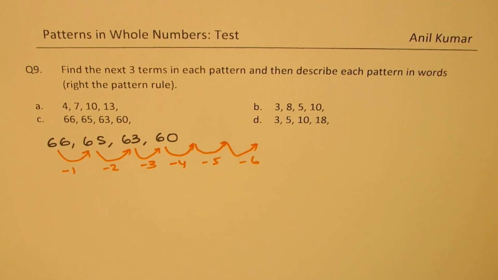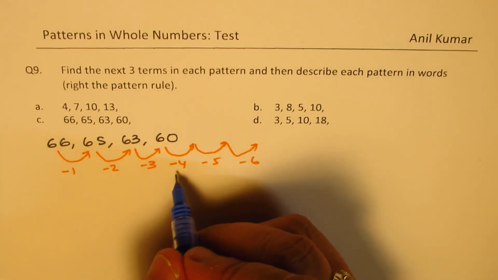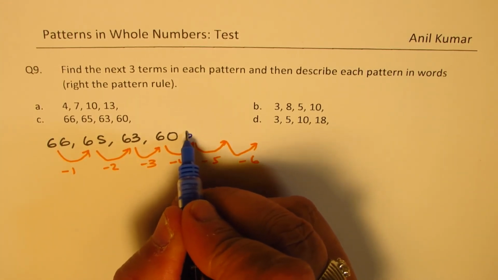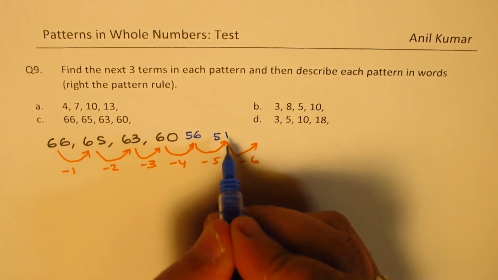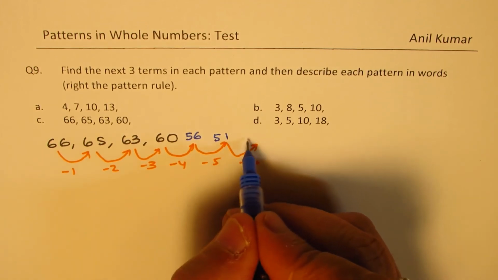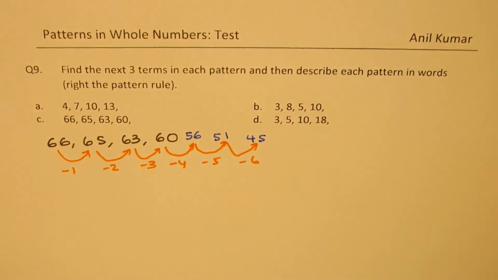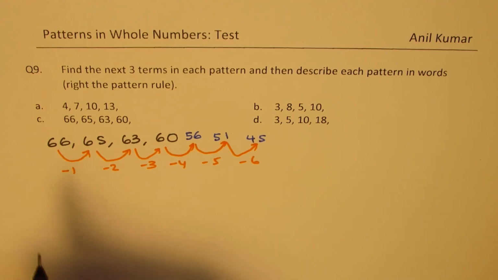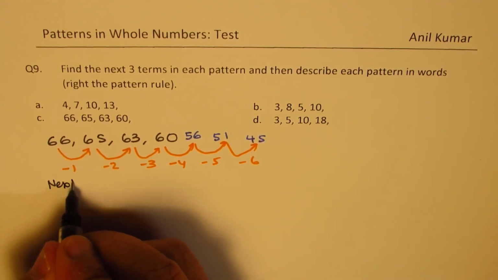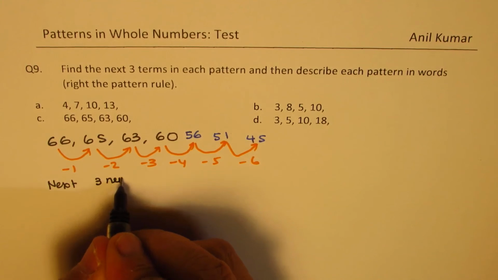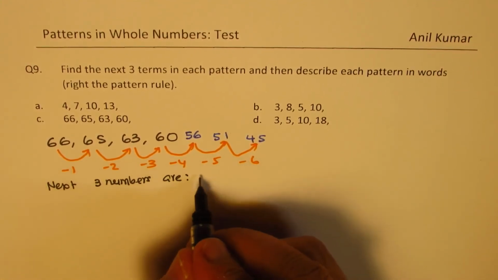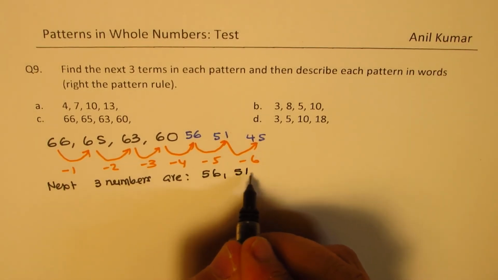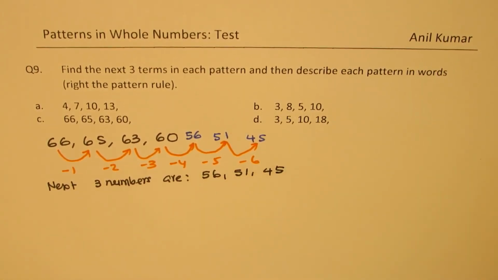So we get our next numbers as 60 take away 4 will be 56, and 56 take away 5 will be 51, and then take away 6 will be 45. So we can write down that the next 3 numbers are 56, 51, and 45.